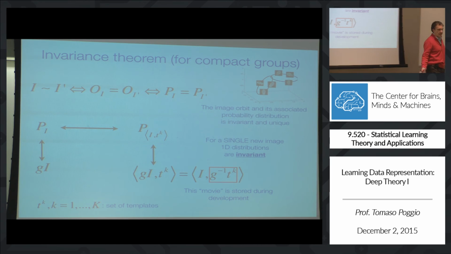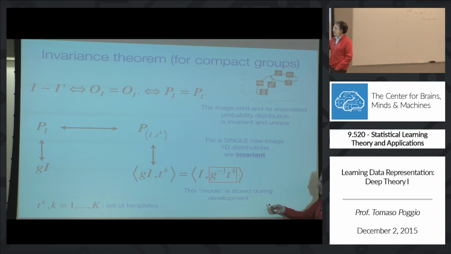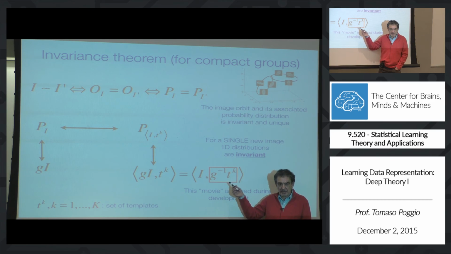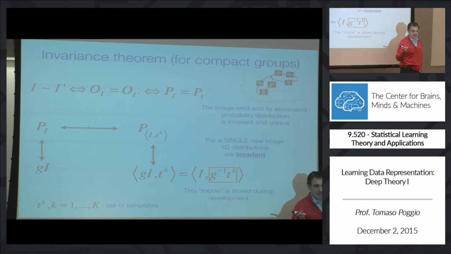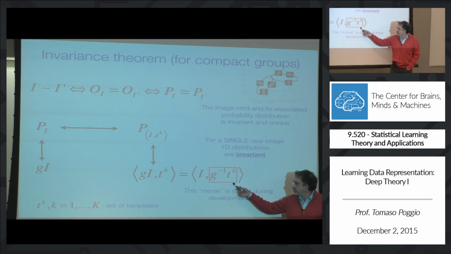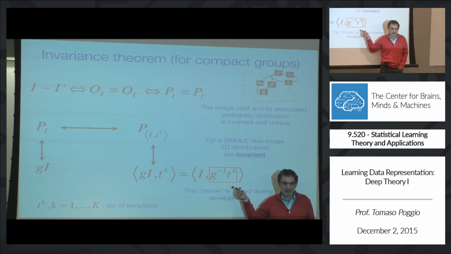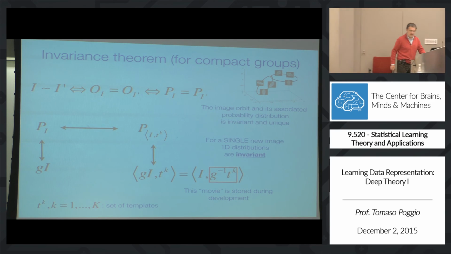And biologically and also in machine learning, sometimes you have a single image of a new object, like a face. You don't have multiple ones. But you can have a few specific templates, images, of which you have all transformations. That's okay. So this is essentially you transfer learning or invariance from a set of images you have chosen to new images of which you see only one. That's the most interesting part of this.